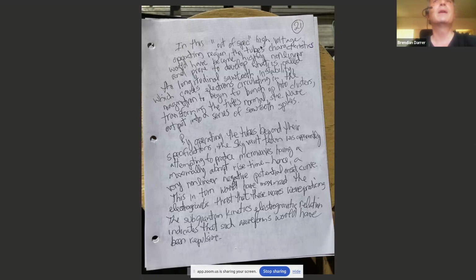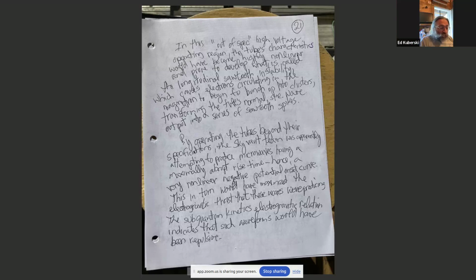In this out of spec high voltage operating region, the tube's characteristics would have become highly nonlinear and prone to develop what is called the longitudinal sawtooth instability, which causes electrons circulating in the magnetron to begin to bunch up into clusters, transforming the tube's normal sine wave output into a series of sawtooth spikes.